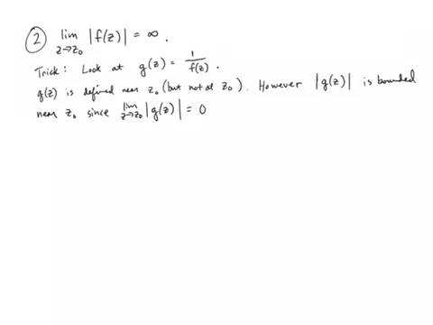Right? So since g of z is getting near 0 as you go to z naught, it has to be bounded. Eventually it has to be inside, say, the unit disk. So g of z is going to be bounded there.